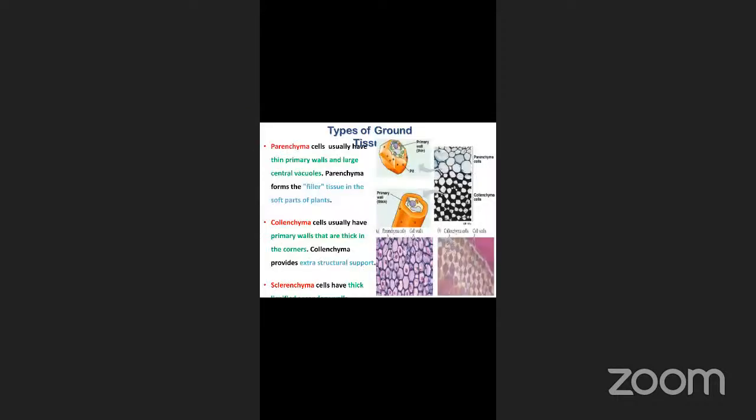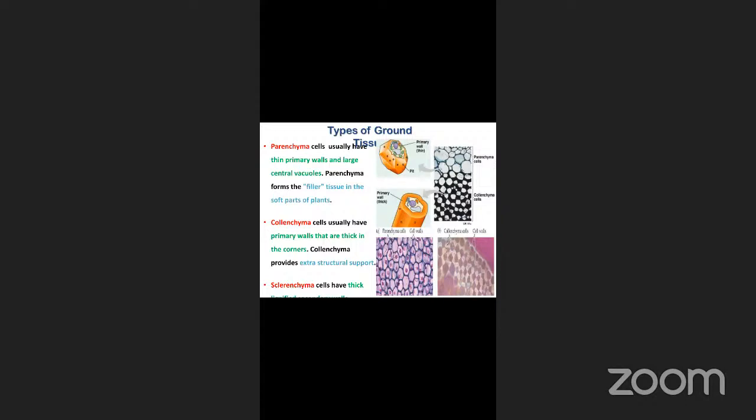That is parenchyma tissue. See the diagram? Parenchyma tissue is commonly called soft tissue, the soft part of the plant.